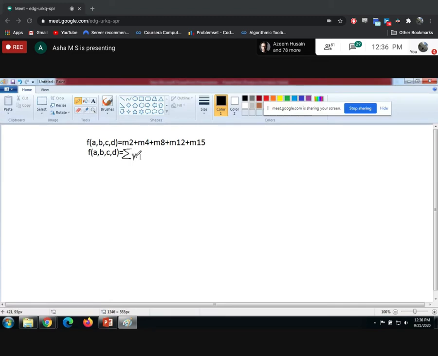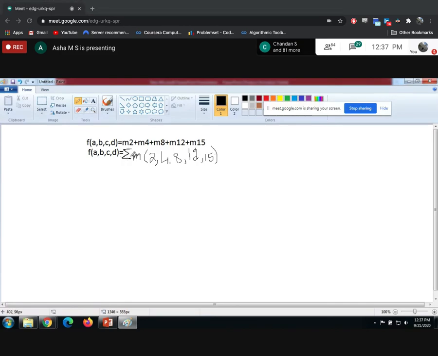Wherever you see this sigma, it means min term, and the min term is represented by the small m. So what is m2? M2 is 2, m4 is 4, m8 is 8, m12 is 12, m15 is 15.